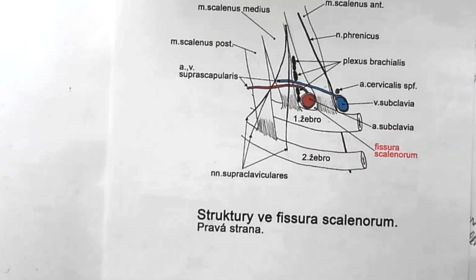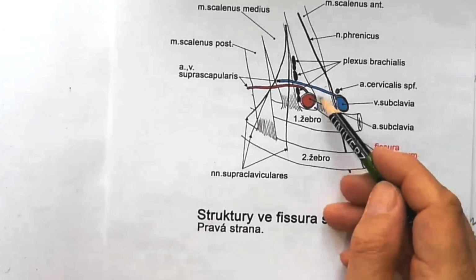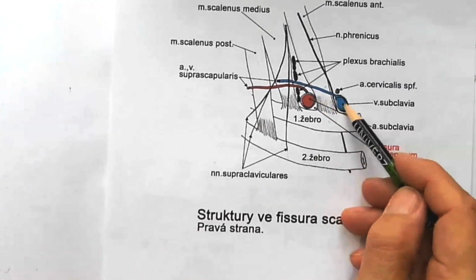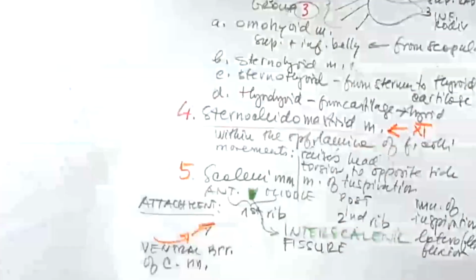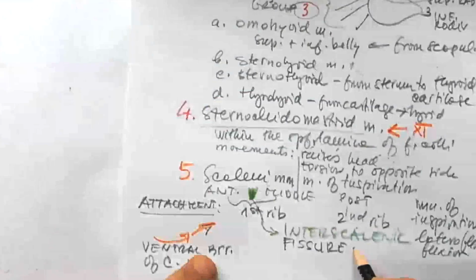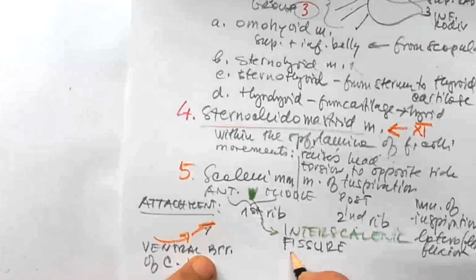And then quickly, in front of the anterior scalenus lies also the subclavian vein, and the phrenic nerve descends on the scalenus anterior. So we will draw the diagram just to know the scalenic fissure, and it contains the subclavian artery and brachial plexus.